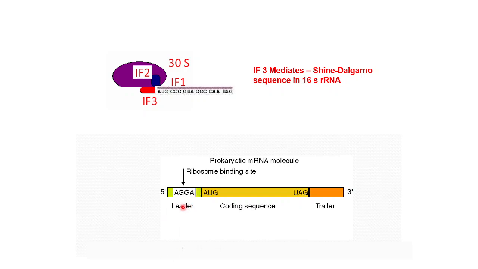Previously there is a leader sequence where you have the ribosome binding site. This is the coding sequence. The coding sequence is basically the portion from where the protein translation will start. It will start preparing the amino acids, because it does not go into the leader or the trailer sequence. And you must remember that stop codons do not have any tRNAs.